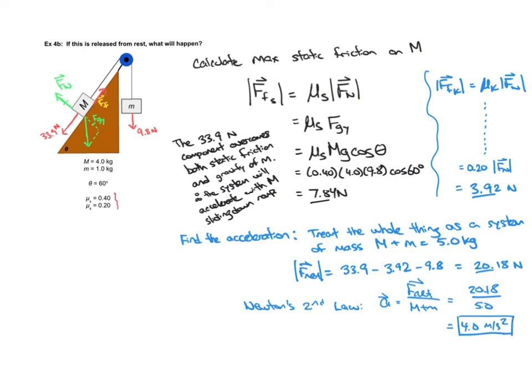All right, so actually not too much friction there. I believe the answer to 4A was 4.8 meters per second squared. So with this friction here, the acceleration is not as much, slightly less. There's not going to be too much friction because the ramp is really steep, so that actually makes the normal force pretty small. So this seems like a reasonable answer.